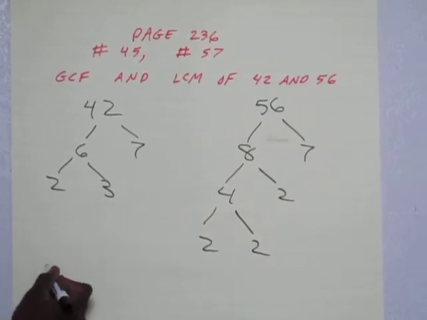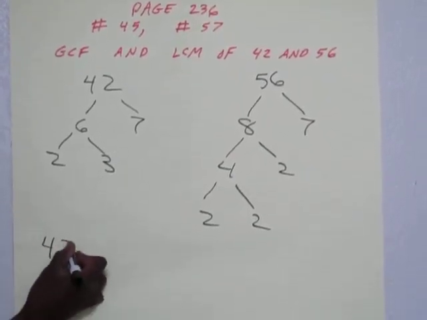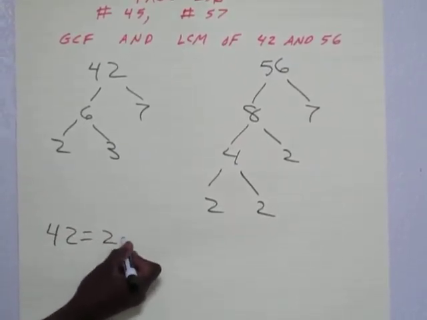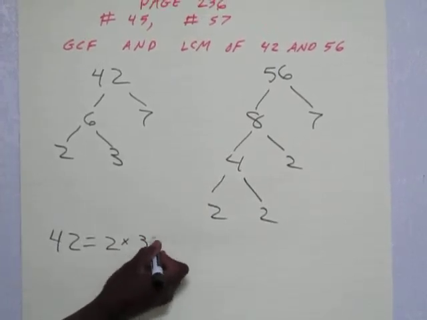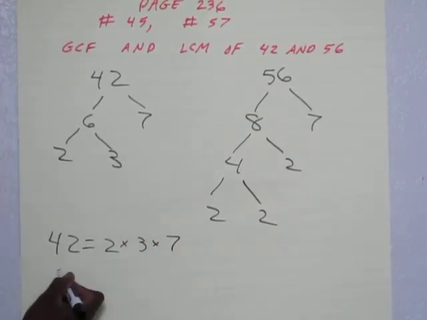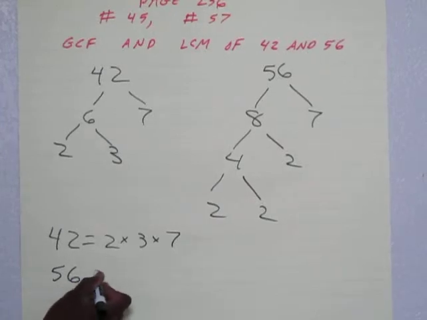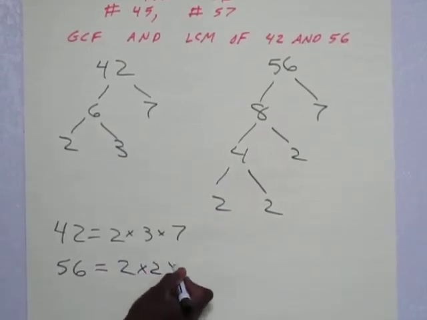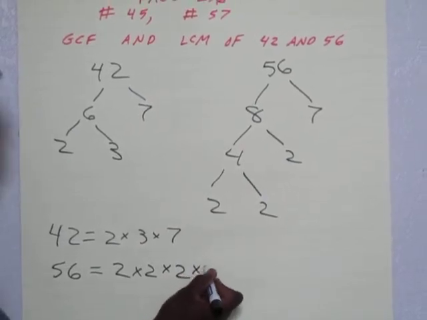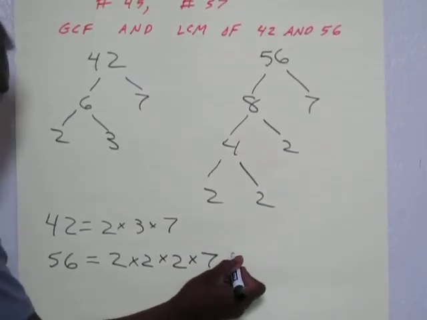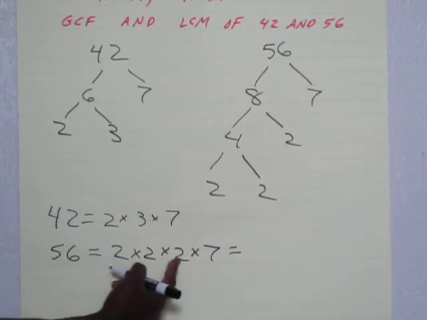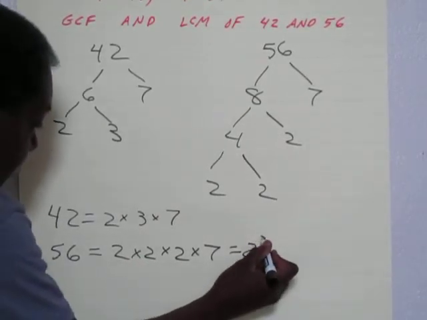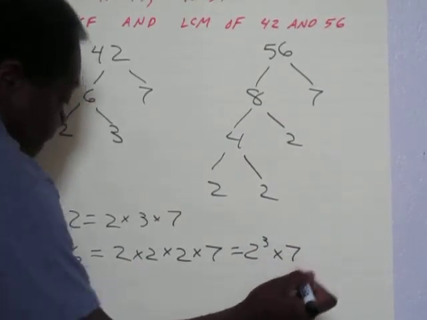So I'm going to write 42 as 2 times 3 times 7, and 56 as 2 times 2 times 2 times 7, but I'm also going to write it with exponents, 2 to the 3rd power times 7.